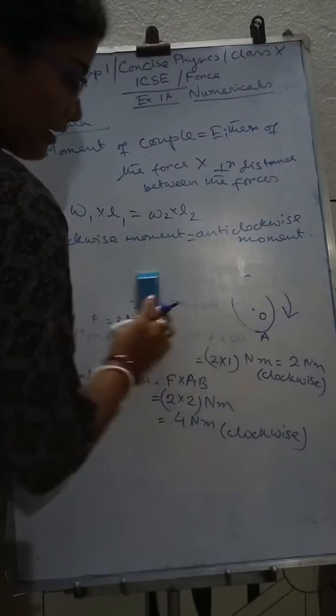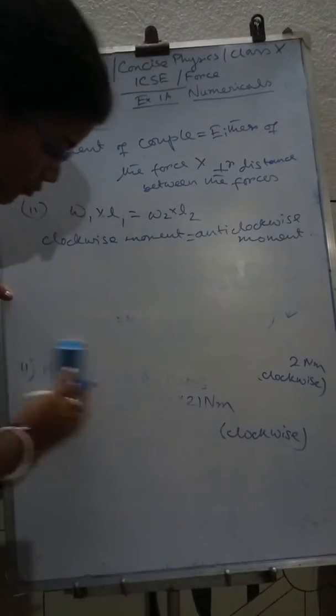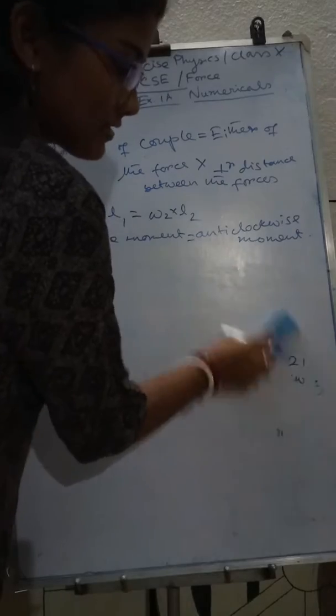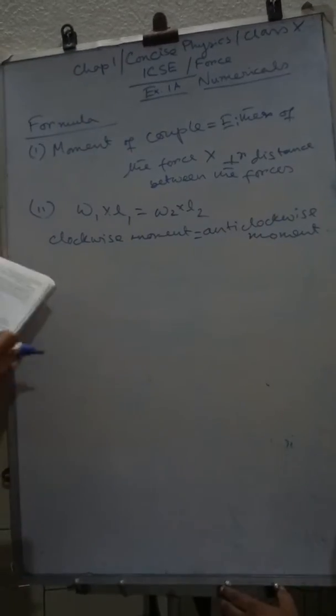Now the number 4 numerical of chapter 1 Force, Concise Physics class 10 ICSE. Here also a diagram is given.